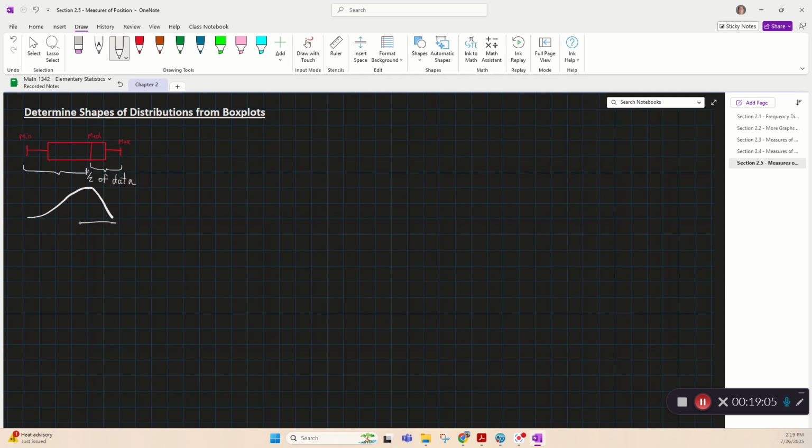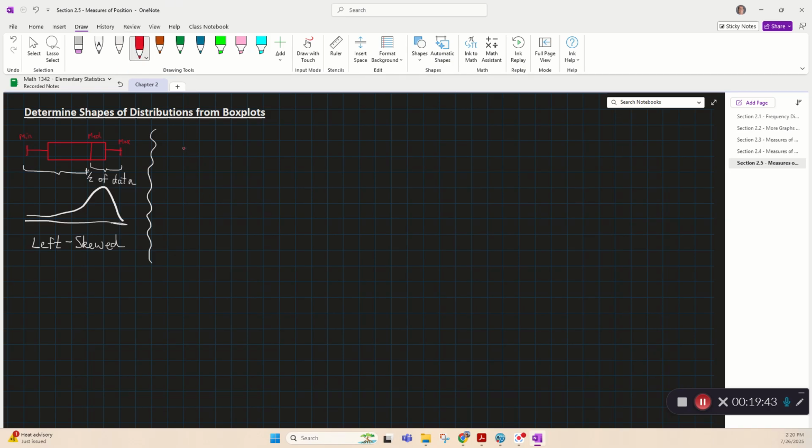So what shape is this? This is going to be left skewed. I have a tail. Let me make this a bit more drastic here. There we go. I've got a tail over here, and then the bulk of my data over there on the right-hand side. The tail's on the left, so that's going to be left skewed.